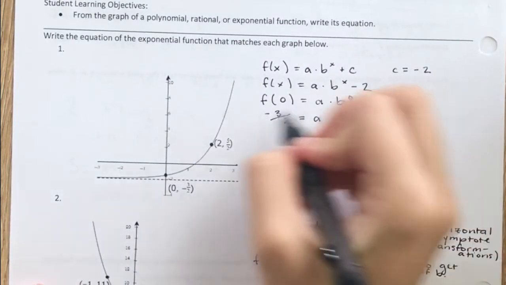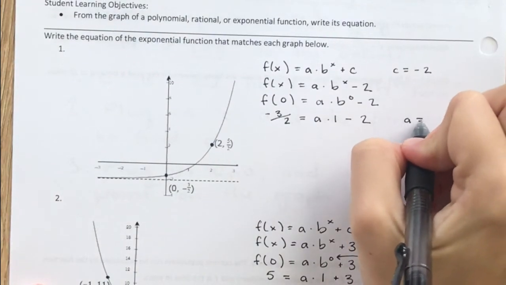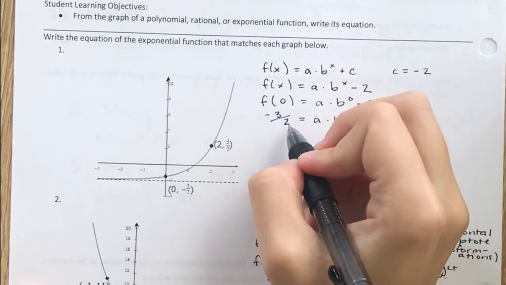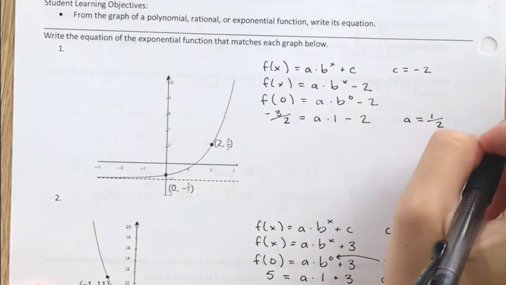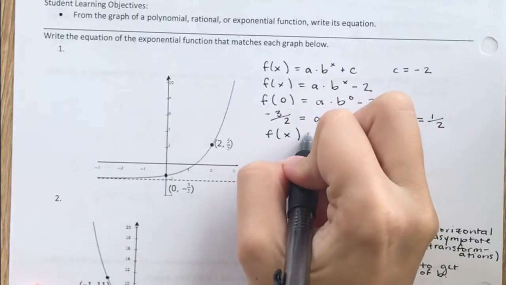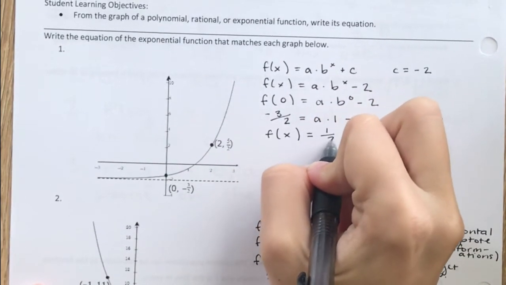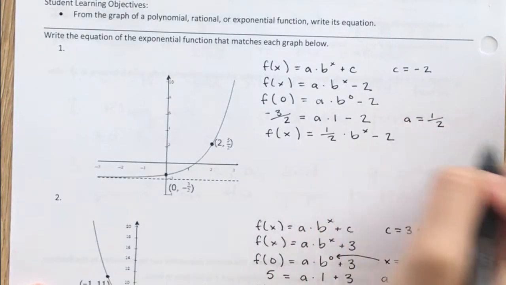We should add 2 to both sides. We end up getting a equals -3/2 plus 2, which is 1/2. We can plug that in. We've got 1/2 times b to the x minus 2.